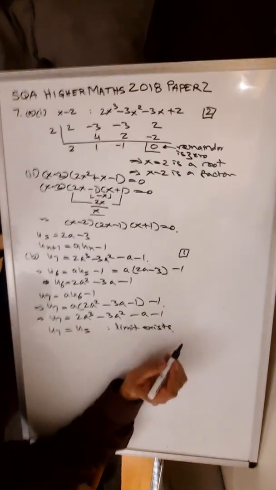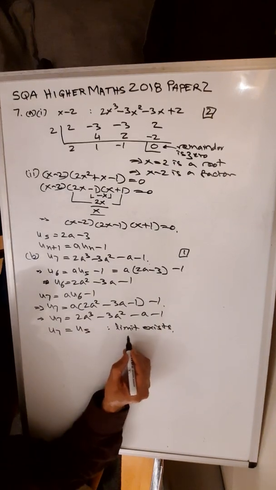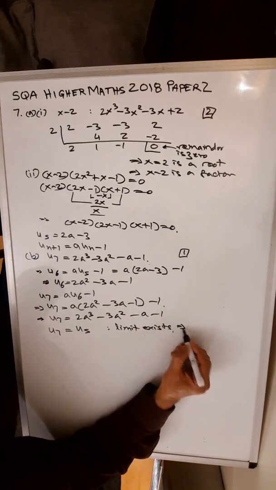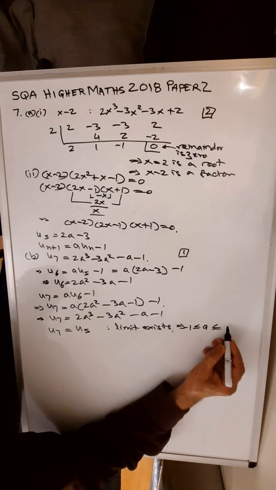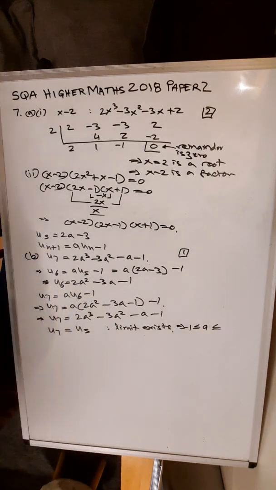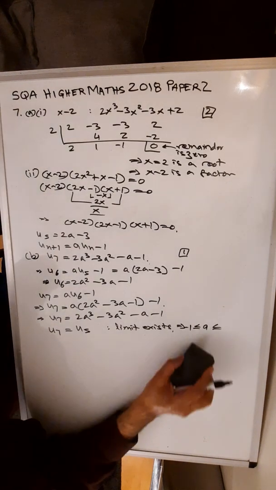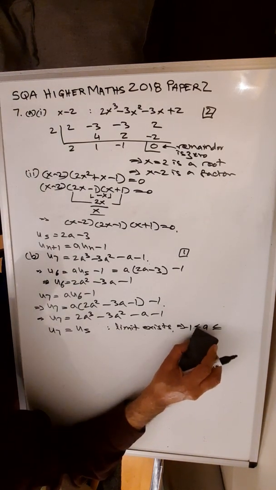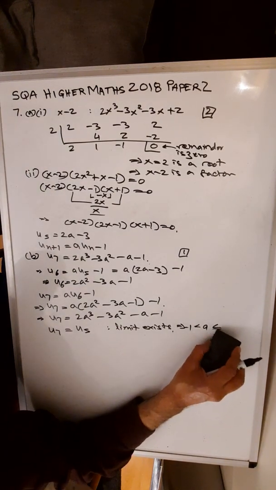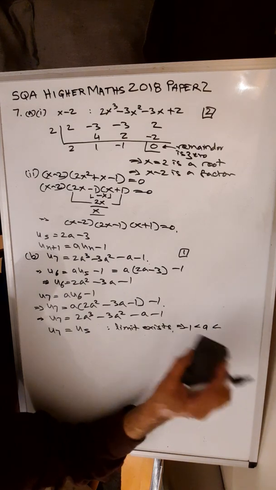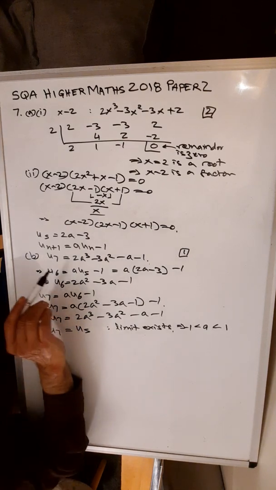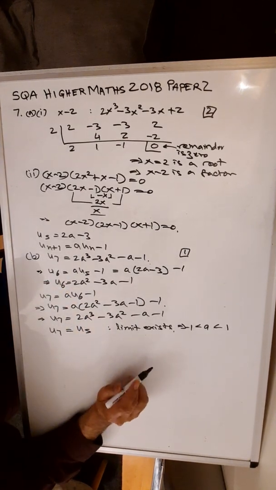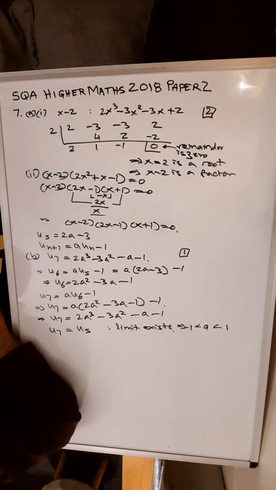A limit exists means that the a that they're showing you in the u n plus 1 implies that a is greater than minus 1 and less than 1. This is for the equation u n plus 1 is equal to a u n minus 1.